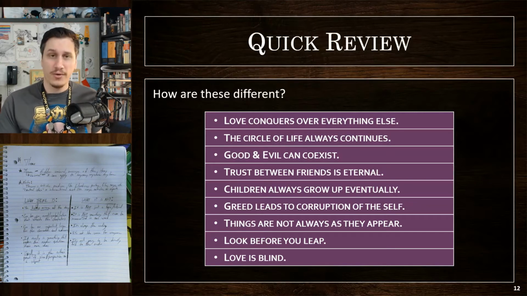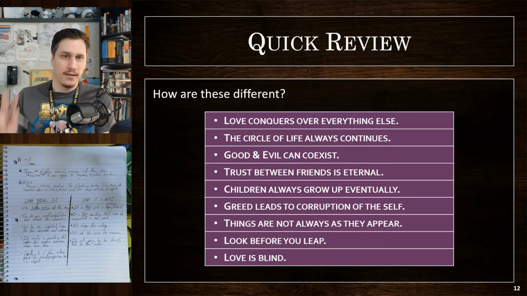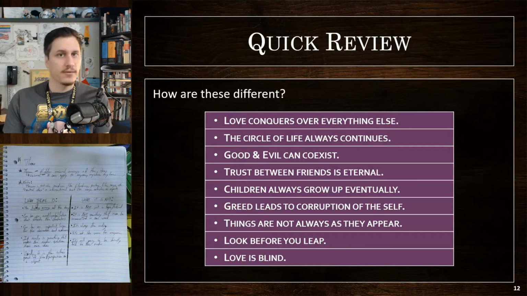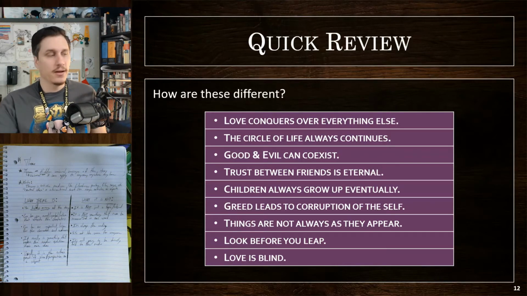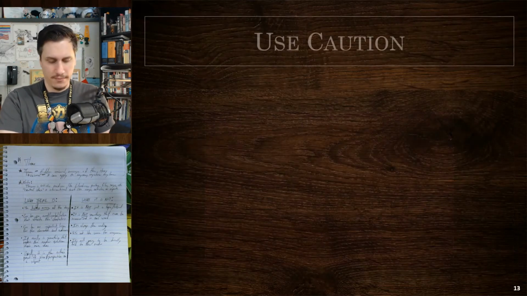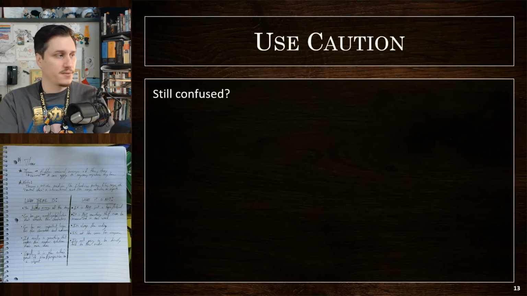So good and evil can work together. Okay. That's a theme. Or what about the topic of life? That's not a theme. But here I have, oh, the circle of life always continues. Okay, cool. I get that. That's a message that life and death are natural. Sure. See what I mean? These are themes. They're not very strong ones, but they are themes.